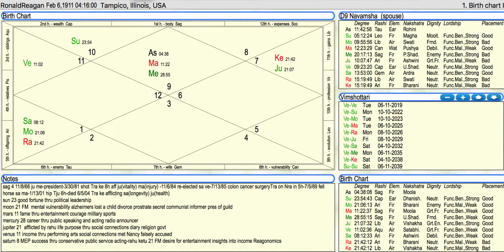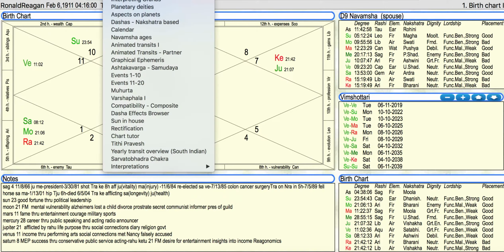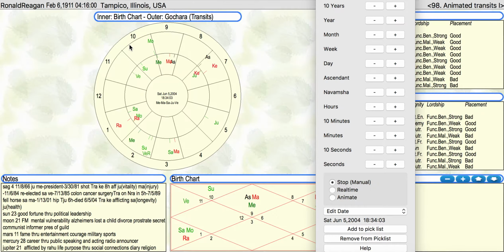So let's look at that transit chart. So when he died, we have transit Rahu and Ketu afflicting. The inner circle is where the planets were when he was born, and the outer circles are where the planets were when he died, the transits. So we have Rahu and Ketu afflicting natal Jupiter, which is the body and the life.